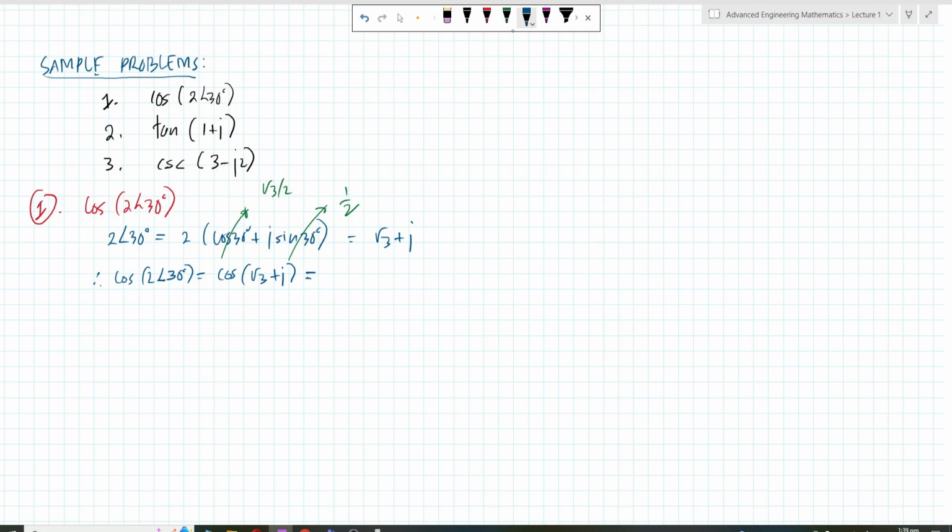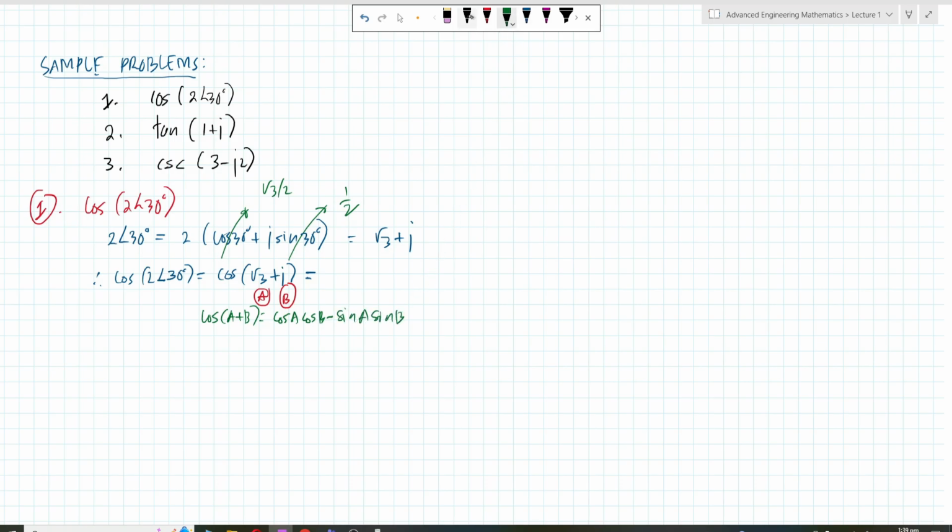Write this as the sum difference of cos and sin, diba? Remember, kung ito yung A mo, kung ito yung B, meron tayong cosine of A plus B equal to cos A cos B. Pag plus minus, sine of A and then sine of B.